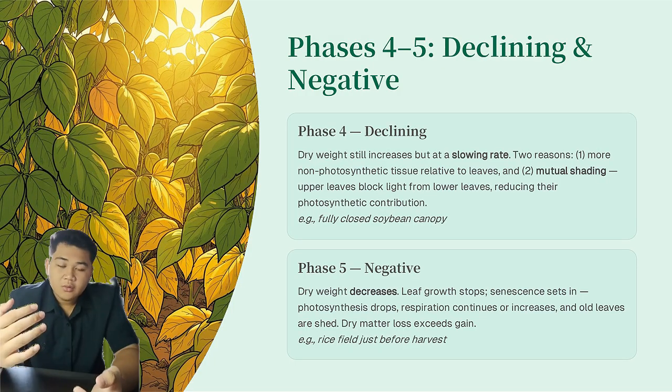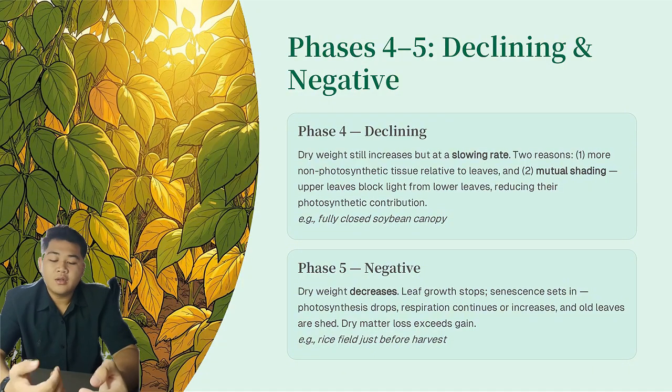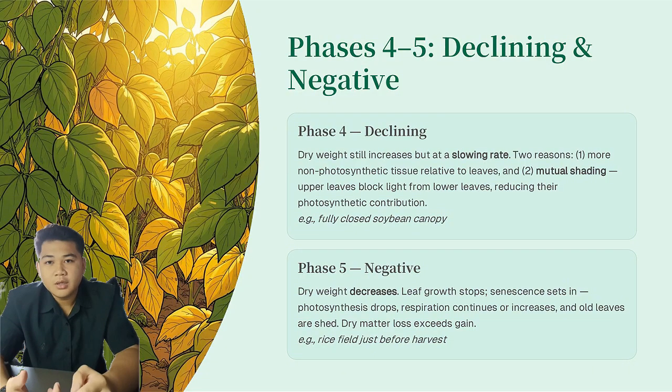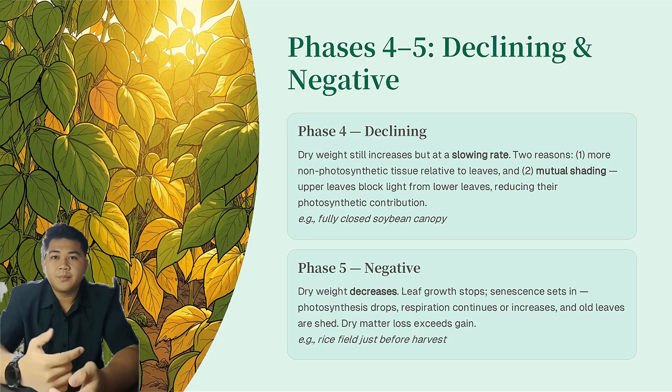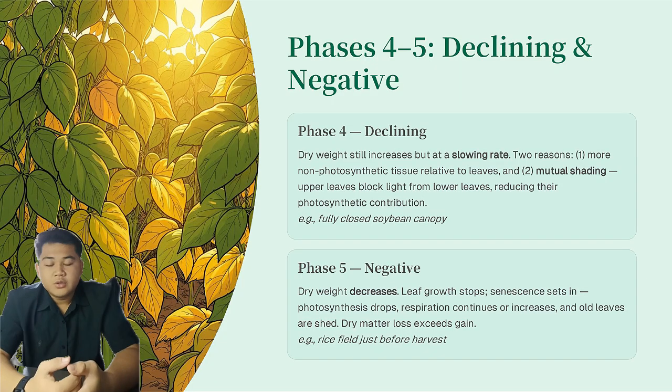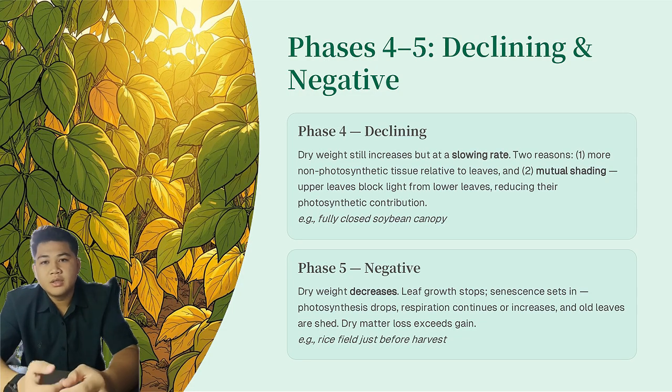The middle and lower leaves receive low sunlight, meaning they cannot make photosynthesis and make food for the bigger plant. So this will affect the plant growth significantly.